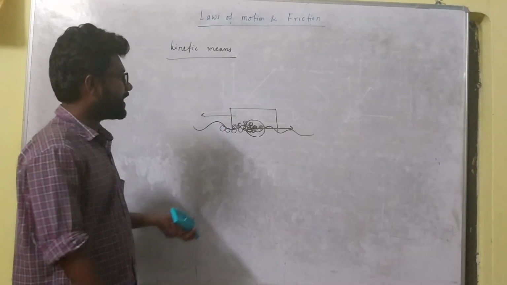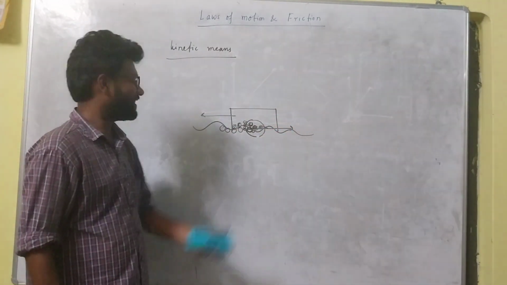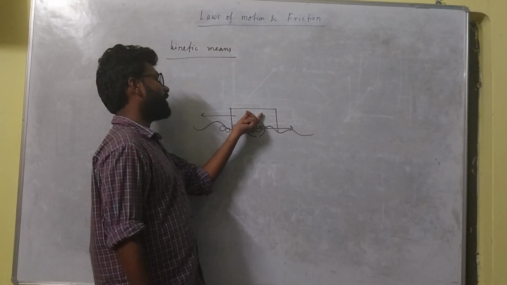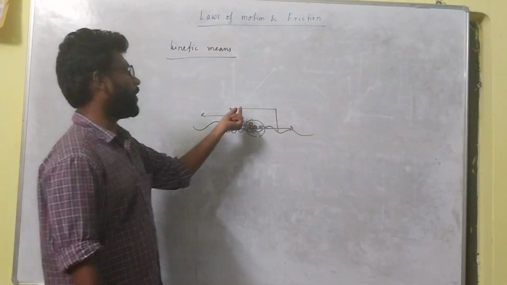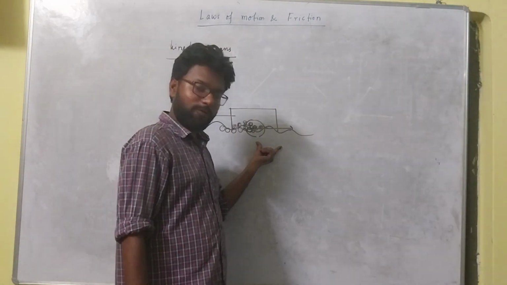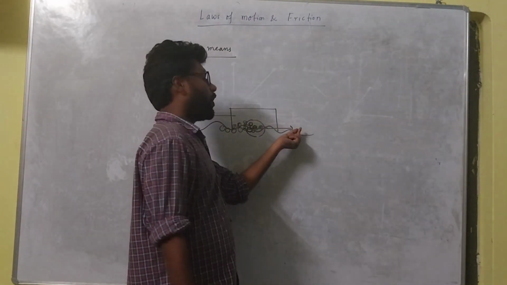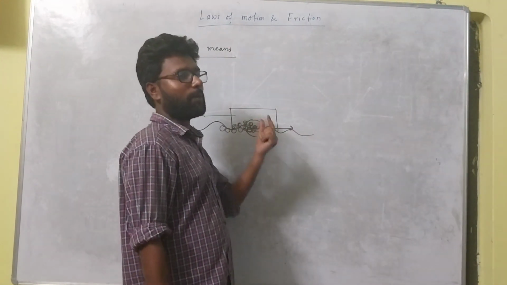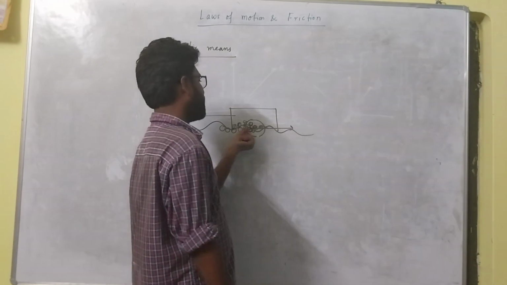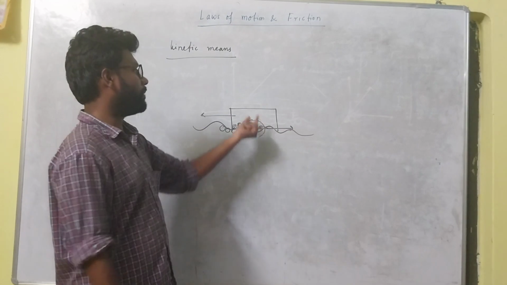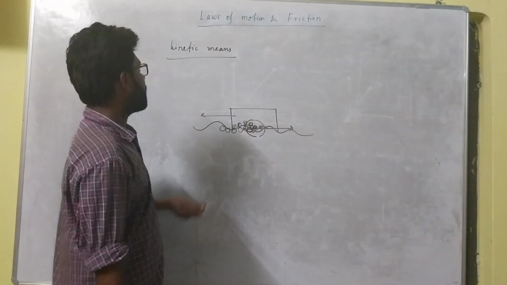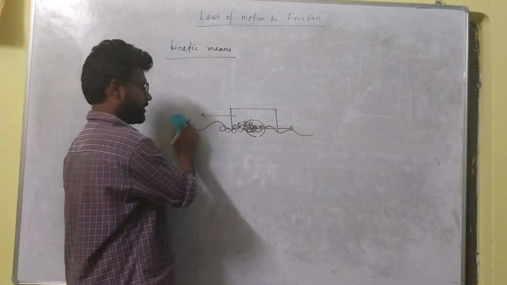That means the frictional force. If a block tries to move left, the frictional force on the block by the floor opposes the motion, towards the right side of the block. So it is called kinetic friction.